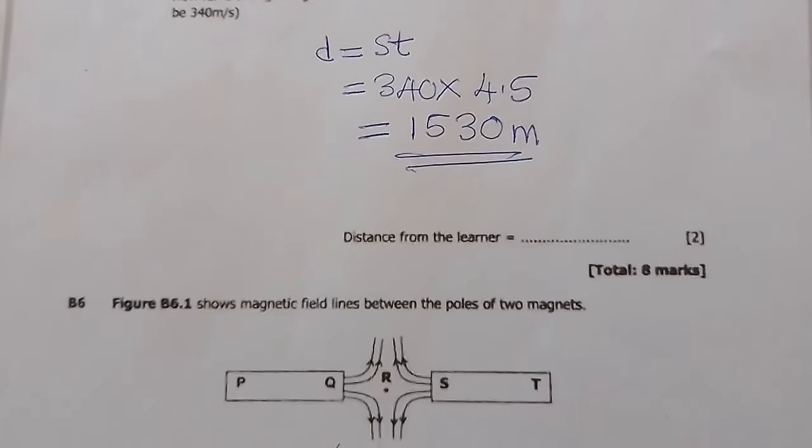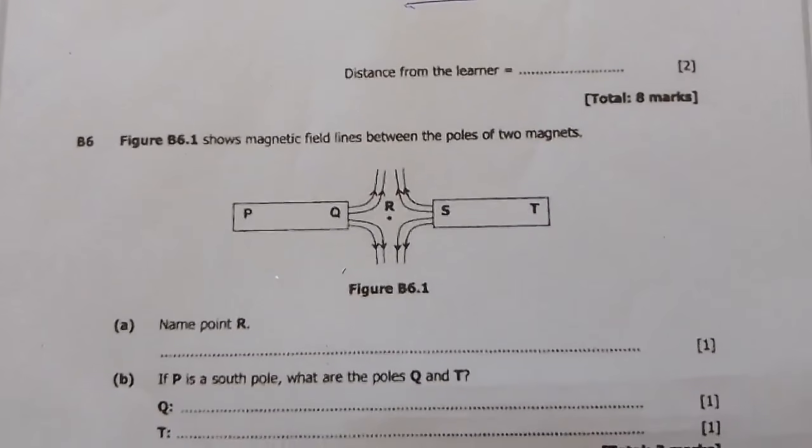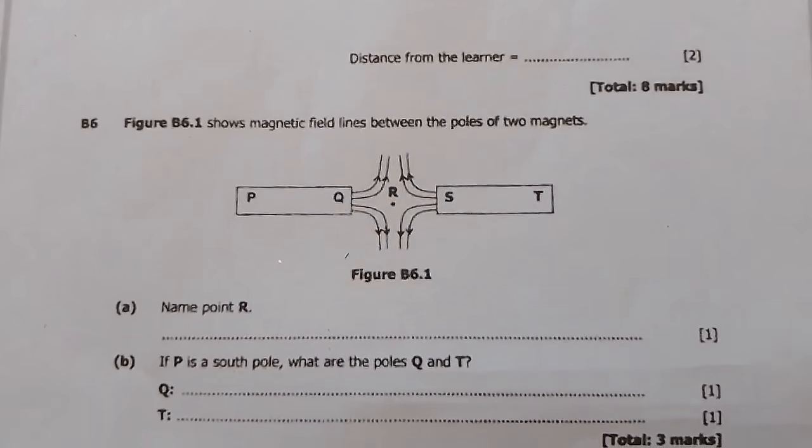Then we move to the next question, which is B6. How can we answer B6? It is showing figure B6.1, which shows magnetic field lines between the poles of two magnets.